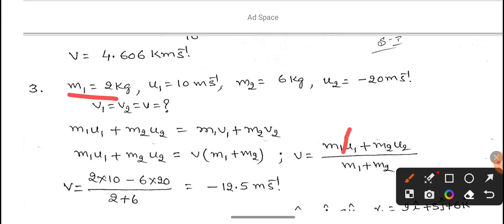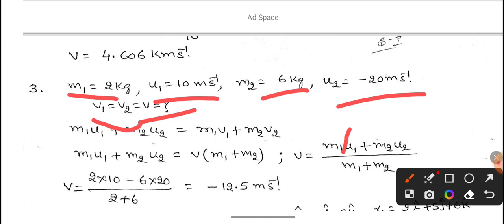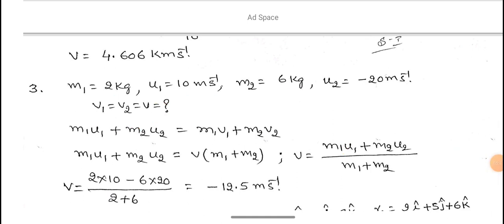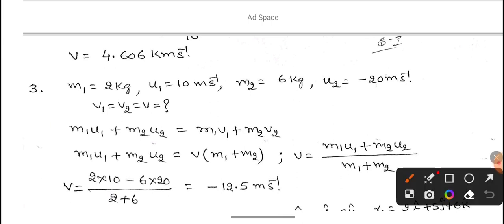m1 is 2 kg and it is moving with velocity u1, 10 meter per second. m2 is 6 kg and moving with velocity of minus 20 meter per second, and they cling together, so the final velocity v1 equals v2 equals v. As we know, from the collision between two particles, we have the formula m1 u1 plus m2 u2 equals m1 v1 plus m2 v2.